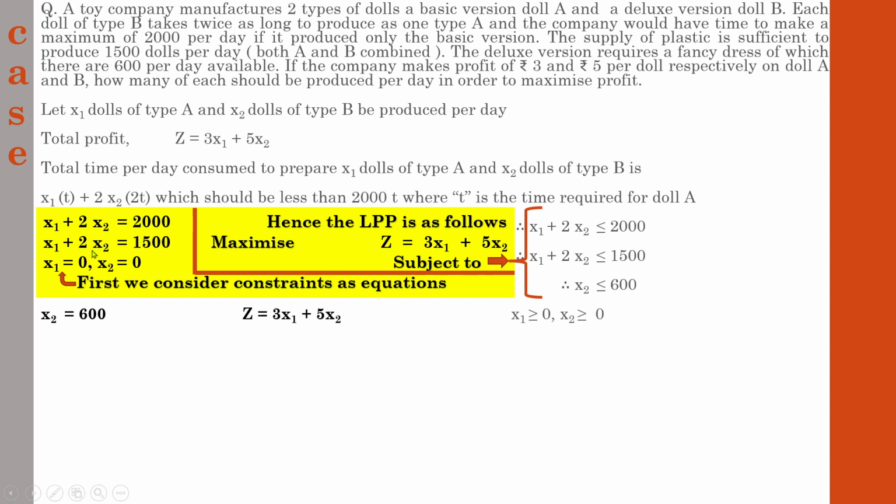Next one, x1 plus 2x2 equal to 1500, x1 equal to 0, x2 equal to 0, and finally x2 equal to 600. So now we have found the equations on the basis of constraints. Next, you need to prepare the graphical representation of these equations or variables. So let us do that.